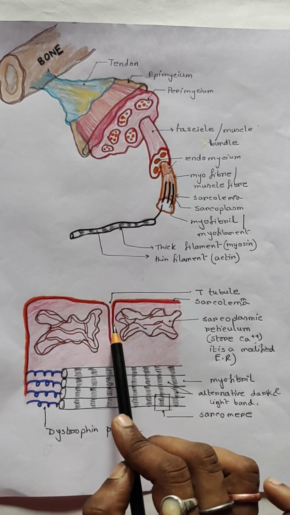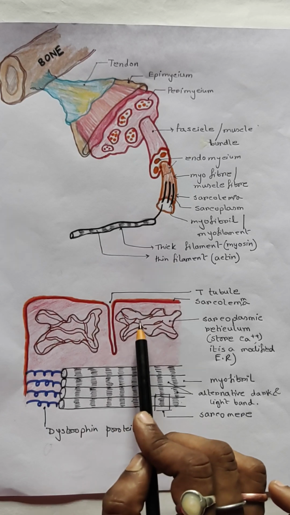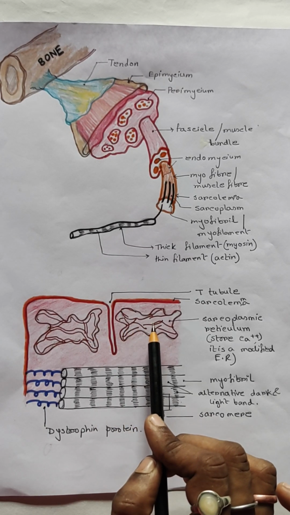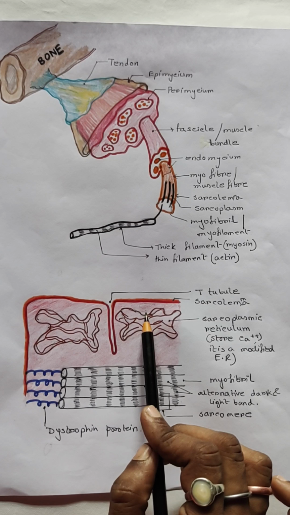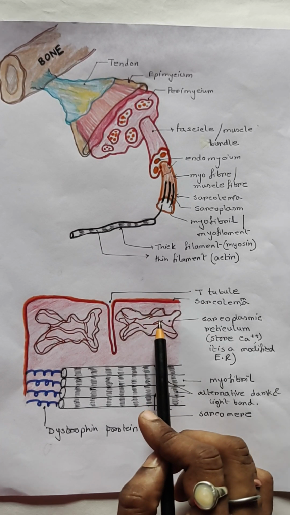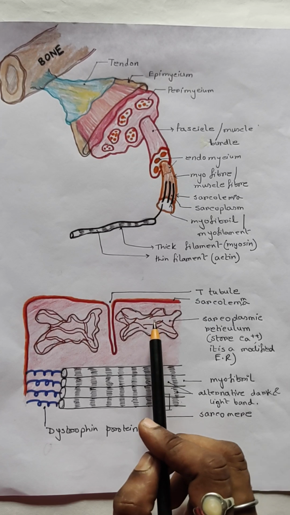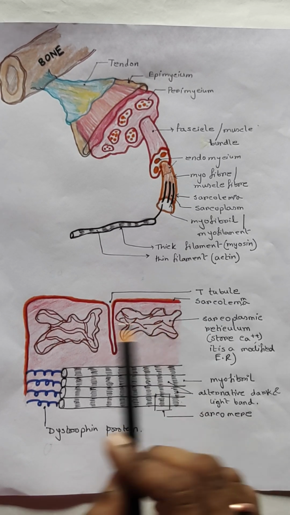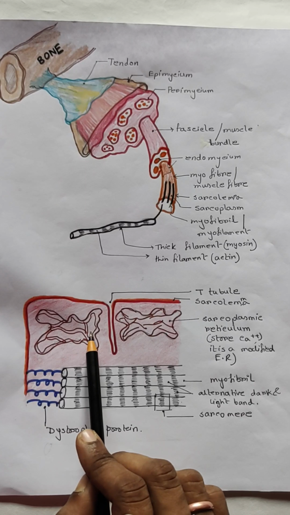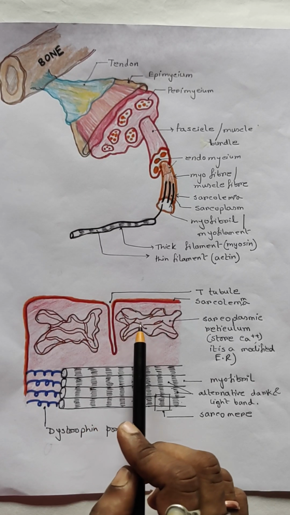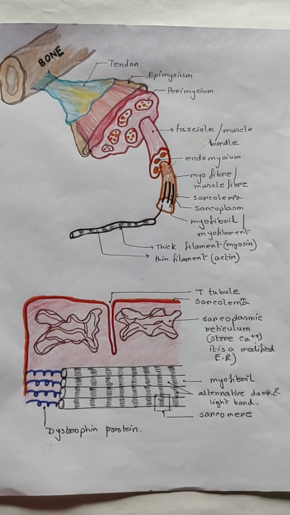This is called the T-tubule. And this is the sarcoplasmic reticulum that forms a network-like structure beneath the sarcolemma. The function of the sarcoplasmic reticulum is mainly to store calcium ions. It is actually a modified form of endoplasmic reticulum, and it supplies calcium ions during contraction.